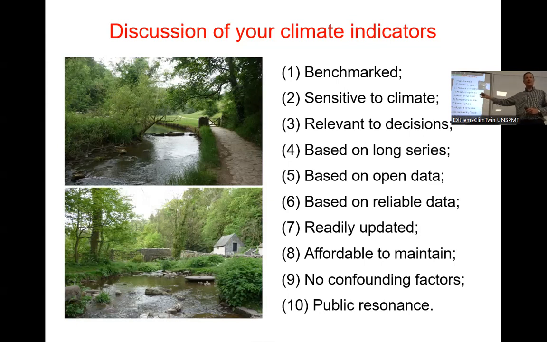Someone else might say, you're missing something, or you should take away or add something. So whenever we're developing a climate change indicator, we have to have a big dose of pragmatism.